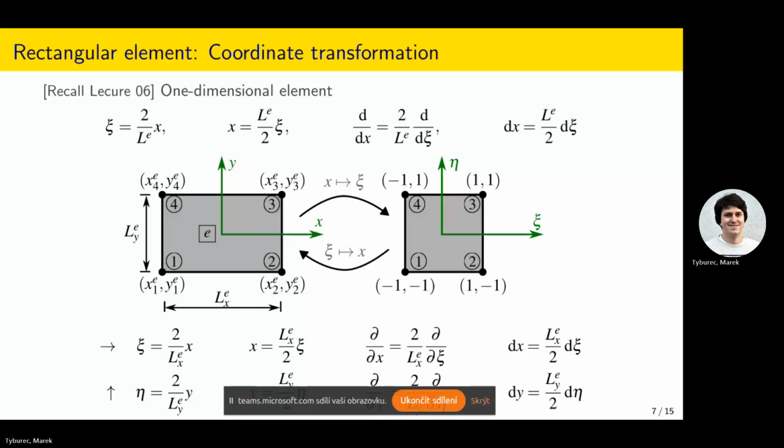First correct. Which should be like this. Let's check it. If we plug L over 2 here, we get 0, which is this point here. If we plug minus L over 2 here, we get 1, which is the point here. So that's this shape function or basis function. And for the other one, we have something that is symmetric.